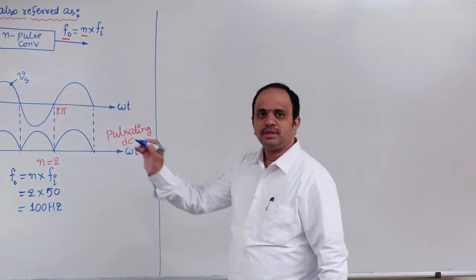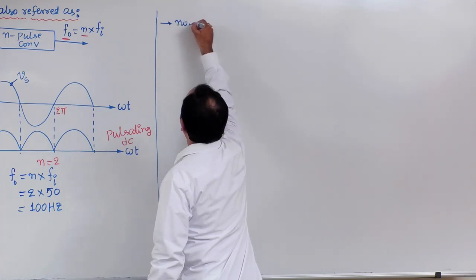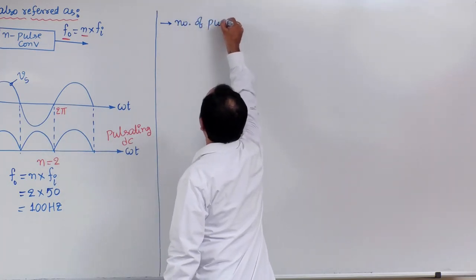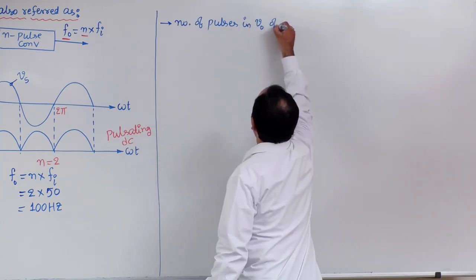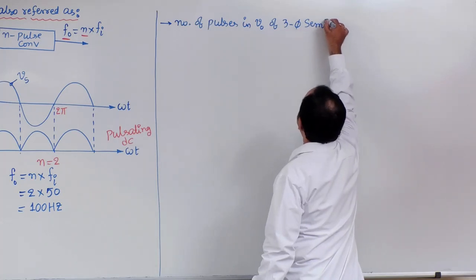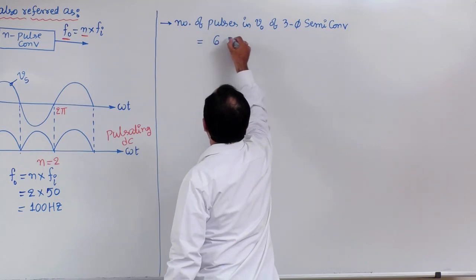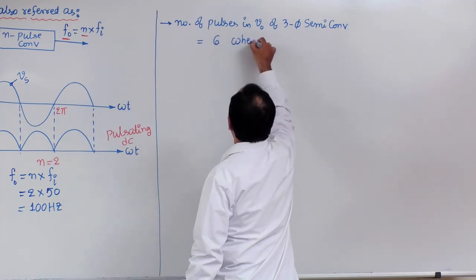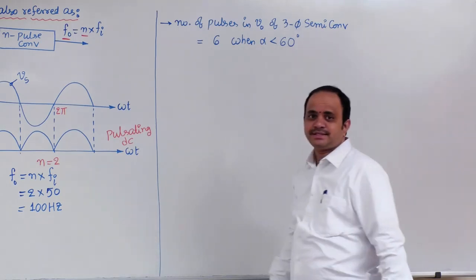Now let us write down that conclusion here. Number of pulses in V0 of three phase semi converter is equal to 6 when alpha is less than 60 degree.